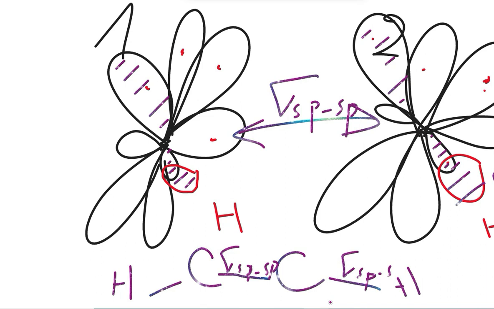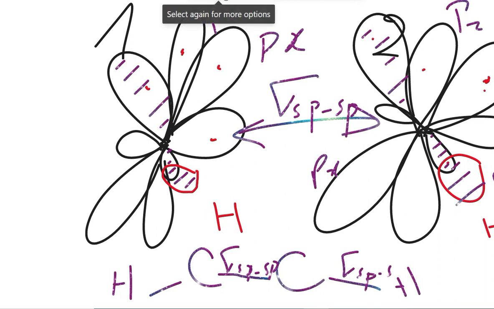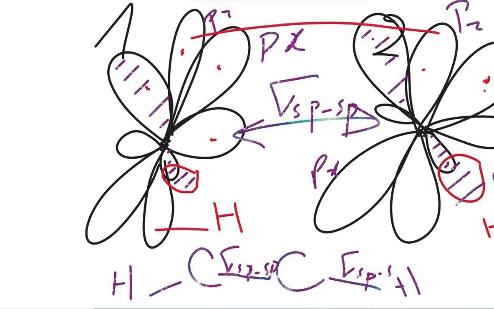Now the rest, originally being pz and py, or px, let's say. This is pz, this is px, are bonding together. We have this bond, pz and pz. They are putting their electrons together. Now we have, instead of one electron in each pz, two electrons in the full pz-pz bond.